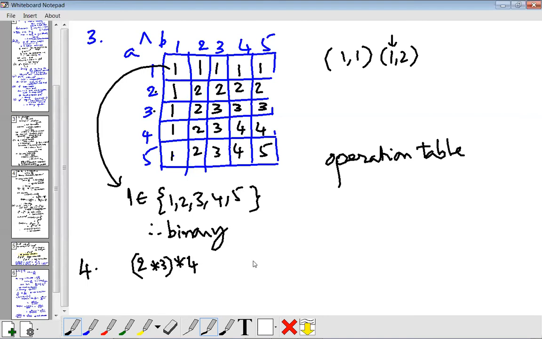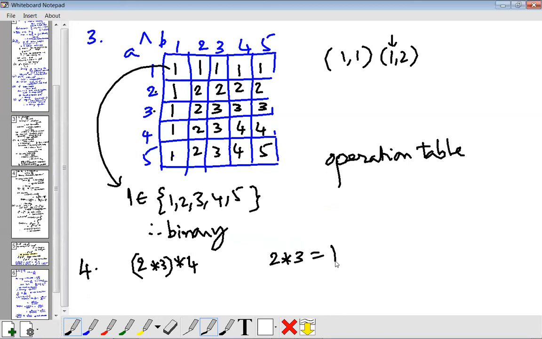First you go from the left side. You have got 1, 2, 3, 4, 5 down, right? Under the star. So when you do 2 star 3, you'll get 1. 2 star 3 is 1.